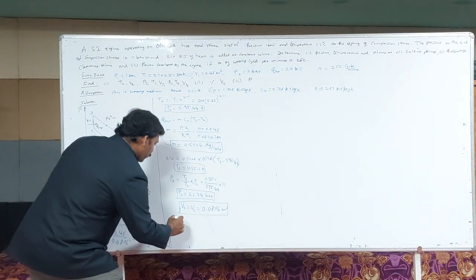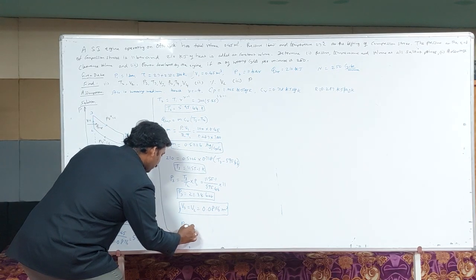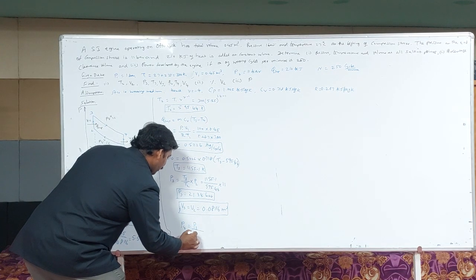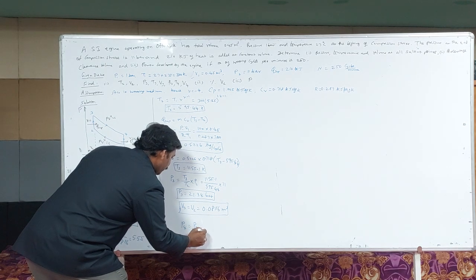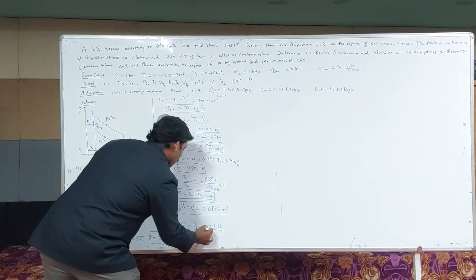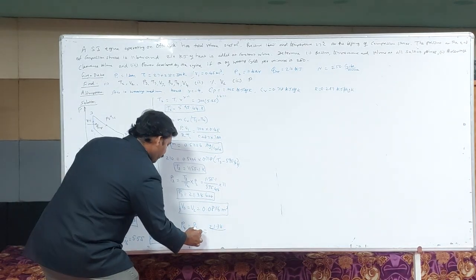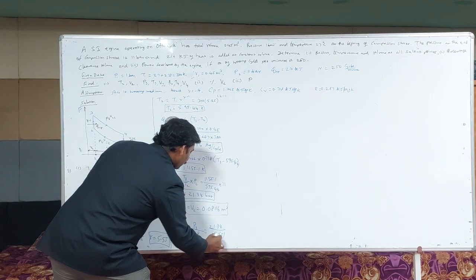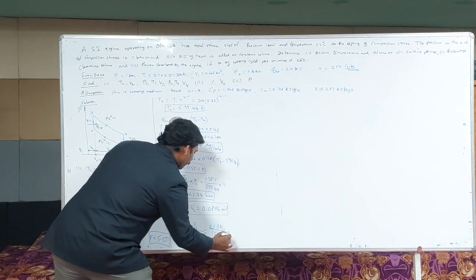So, how to find the P4? P4 is equal to P3 divided by r power gamma. So, what is P3? P3 is 21.34 and the r value is 5.55 power 1.4.